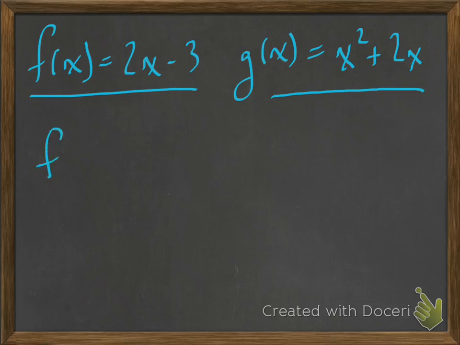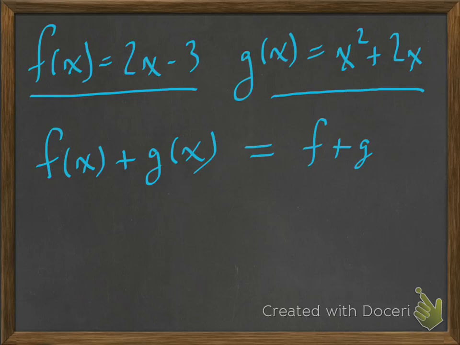It's probably as simple as you may hope. If we had to add these two functions together, f of x plus g of x, you might see it written like this, or you might just see f plus g. Those are two different ways that mean the same thing, and it literally just means to combine all your like terms.